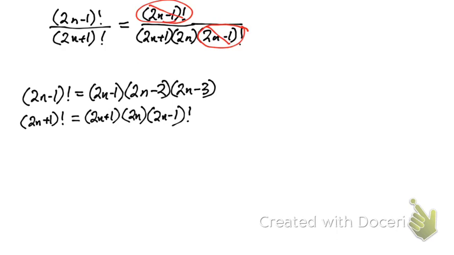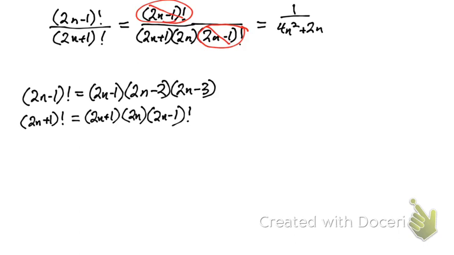And we'll be just left with 1 over, and we can distribute that to be 4n squared plus 2n. So you have to recognize which factorial is bigger and keep subtracting 1 until it looks like the top or the bottom in that case.